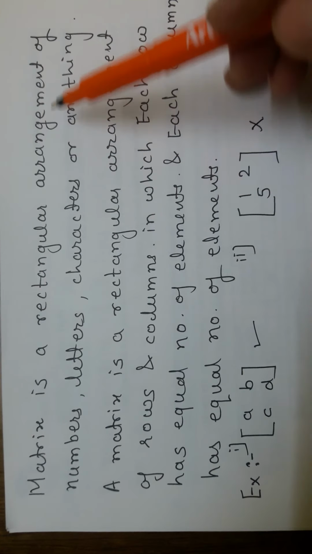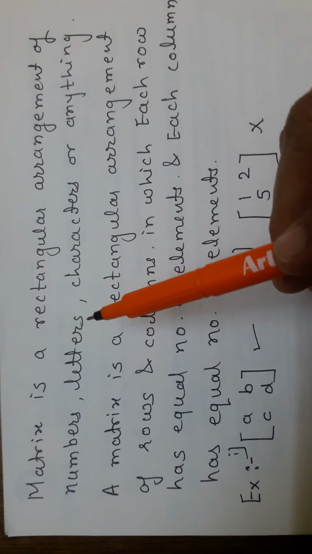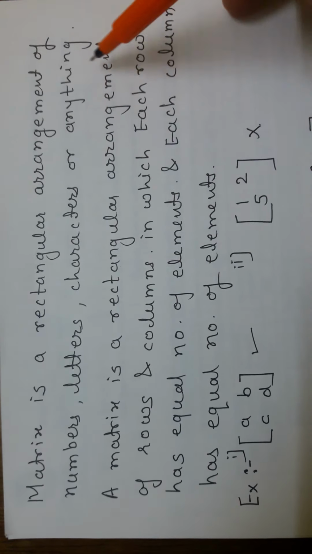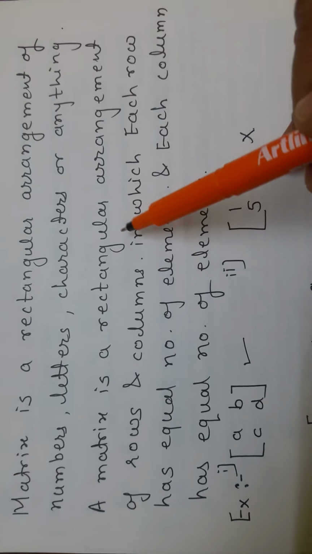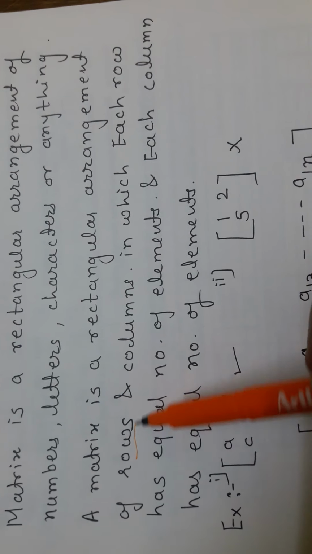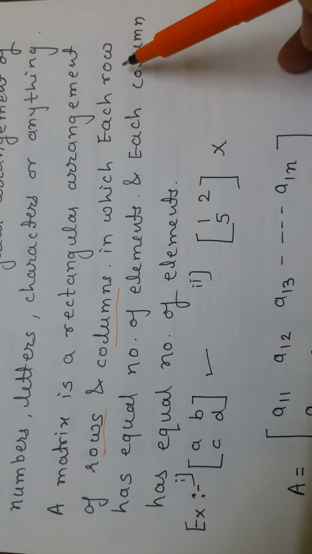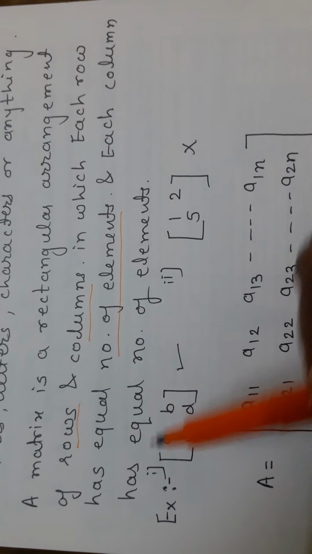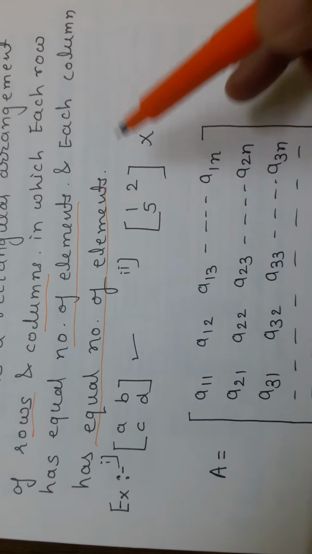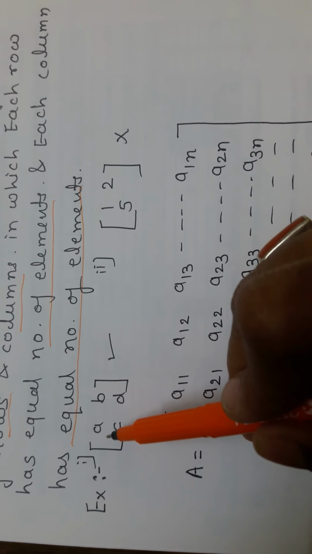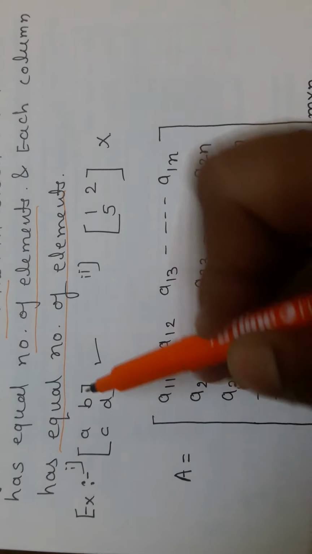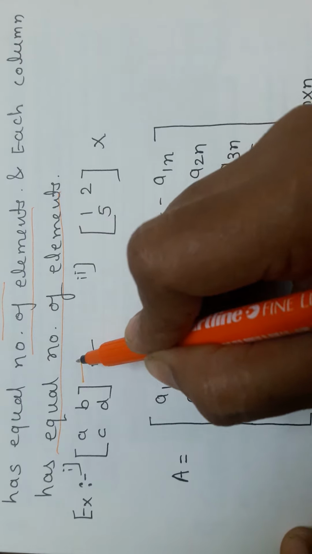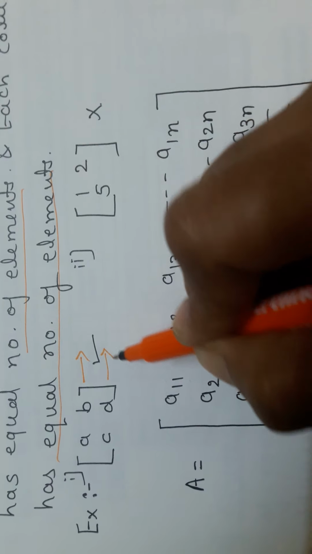A matrix is a rectangular arrangement of numbers, letters, characters or anything. A matrix is a rectangular arrangement of rows and columns in which each row has an equal number of elements and each column has an equal number of elements. For example, if I write A, B, C, D, this is called the first row and this is the second row.